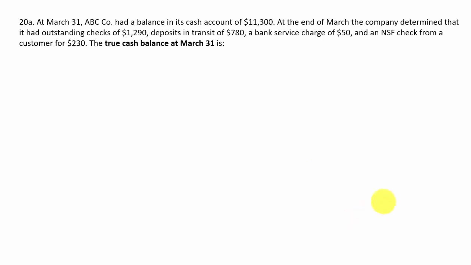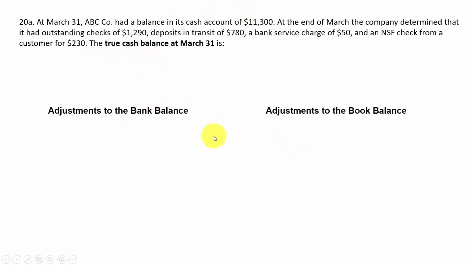Next, it says at March 31st, and so on. They want to know what the true cash balance is, so we'll start with the adjustments per bank to the bank balance and adjustments to the book balance, and then we can start putting this information in here. March 31st, we had a balance in the cash account of 11,300, so that's on the book side. At the end of March, the company determined that it had outstanding checks of $1,290, and that will be deducted from the bank side.